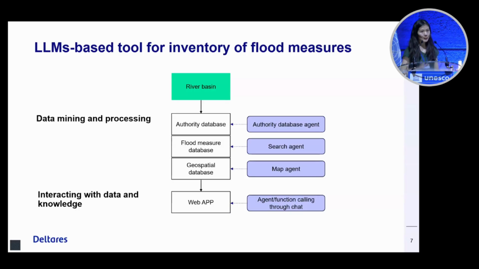The second part is that after we have the database, we have to analyze it and look into it to see what kind of knowledge we can get out of it. So we developed a very simple web UI where users can interact with the database and knowledge from the documents through chat.